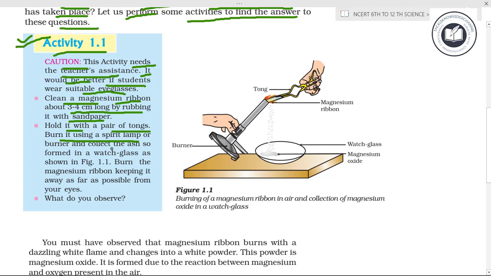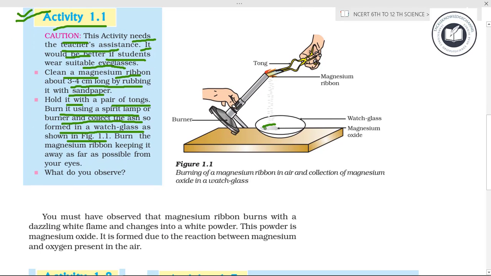Burn it using a spirit lamp or a burner and collect the ash so formed in a watch glass, as shown in figure 1.1. Here we have collected the ash into the watch glass, which is magnesium oxide.